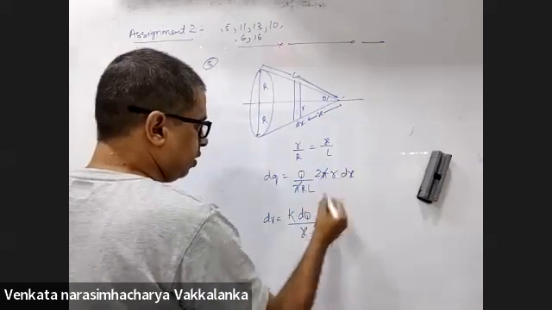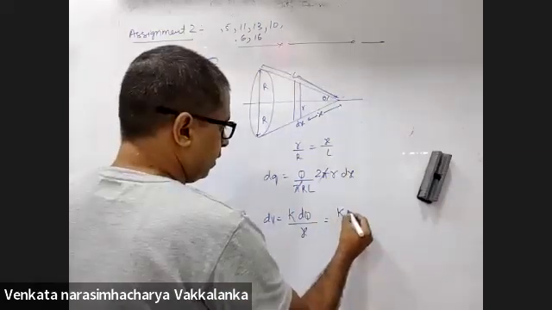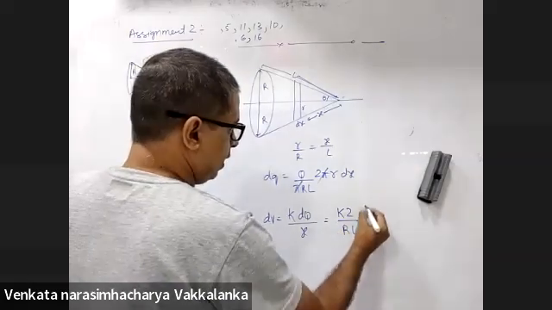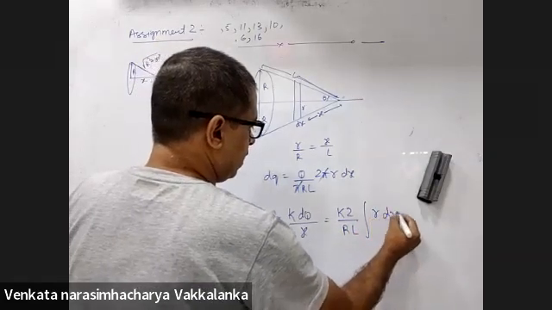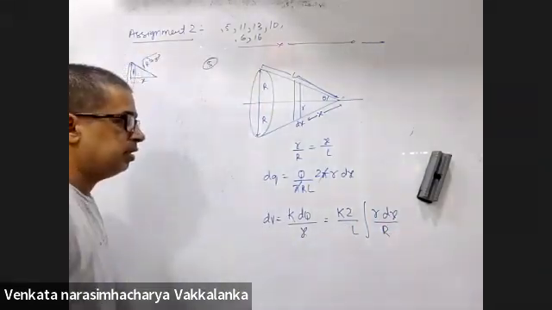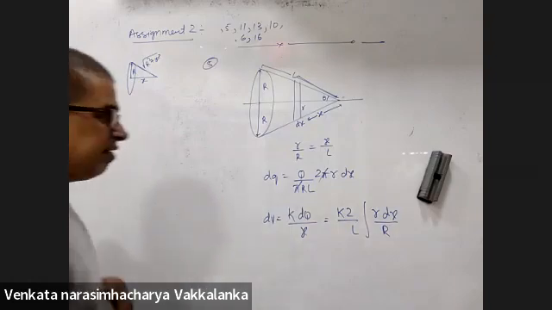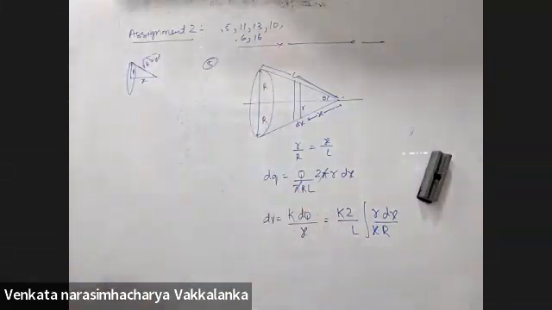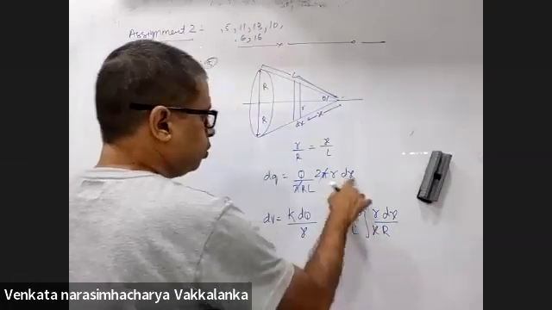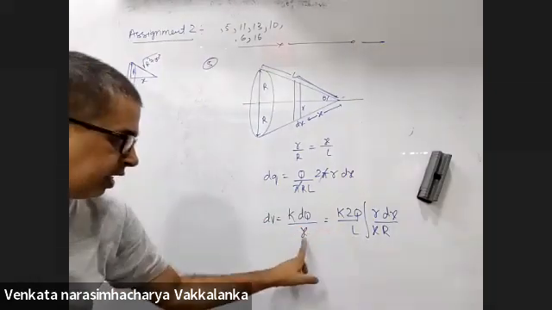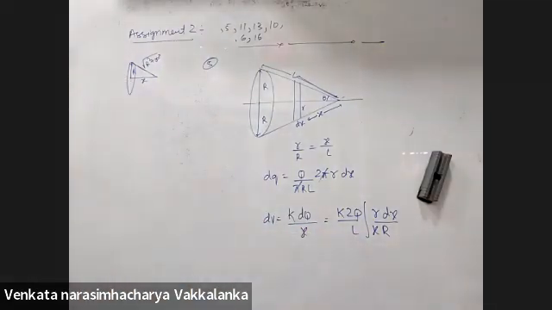Pi and pi will go. k 2Q by R L integral r dx divided by R, keep that in the denominator, divided by x. dq I substituted from here: 2Q small r dx by capital R. L I kept outside, this x I took inside.